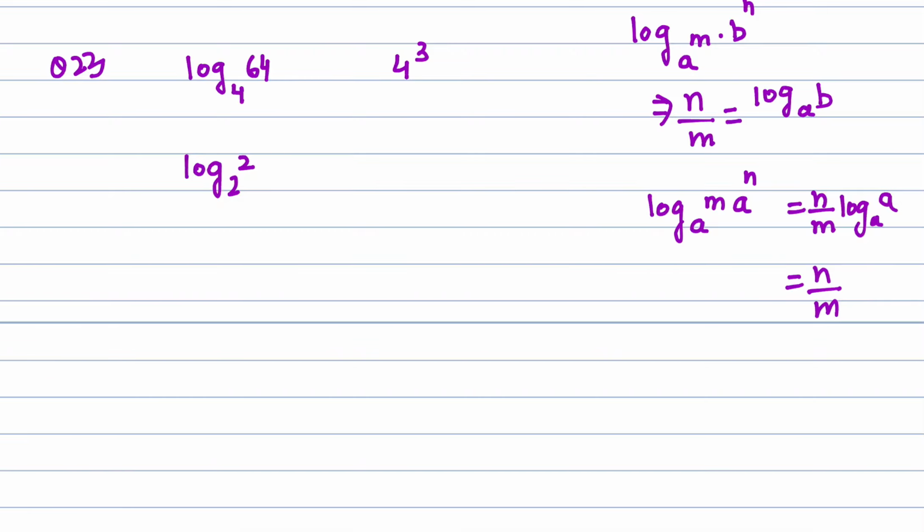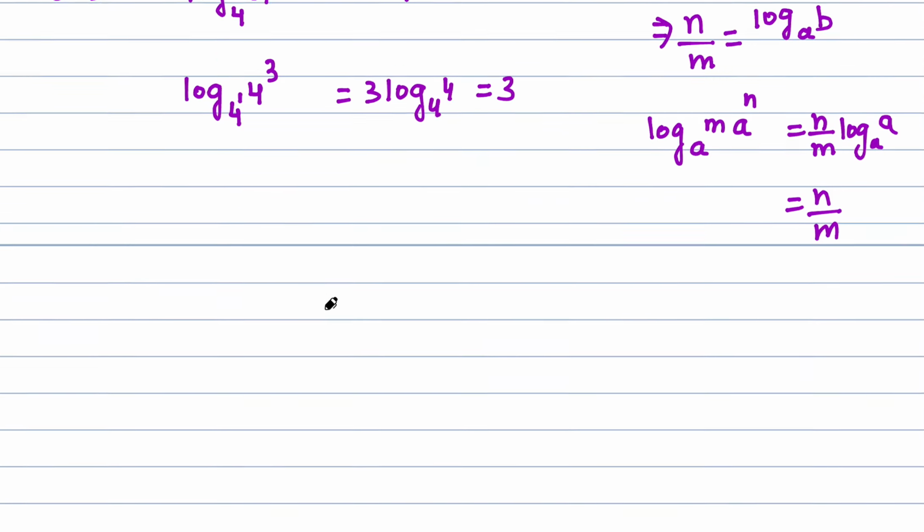So no need to write 2 squared, because 64 itself can get the base as 4. So that is 4 cubed. Now this power is 1 and this power is 3. So this is 3 times log of 4 to the base 4, and log of 4 to the base 4 is 1. So our answer is easy. This property is that useful.